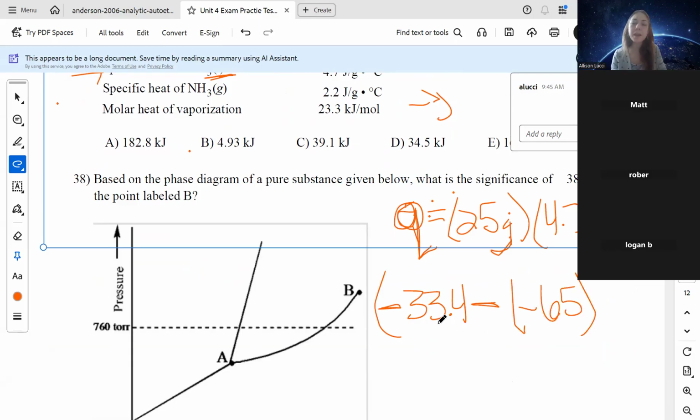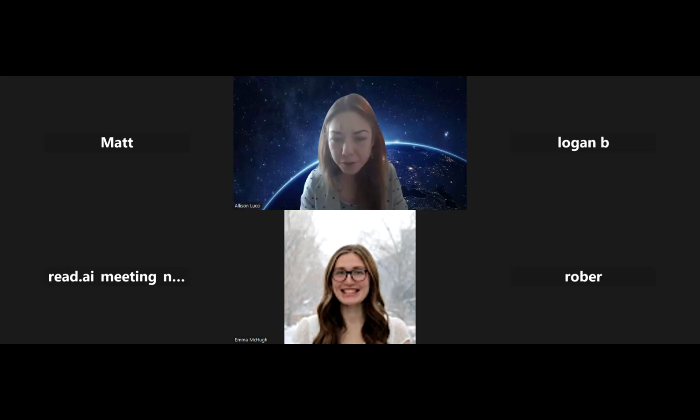So negative 33.4 is right before we enter into the gas phase. We're still at the highest temperature for our liquid. So this is my final temperature for this warming up of liquid, and then I subtract my initial temperature, which is a negative value. So I end up doing negative 33.4 plus 65, so my delta T here would be positive 31.6.